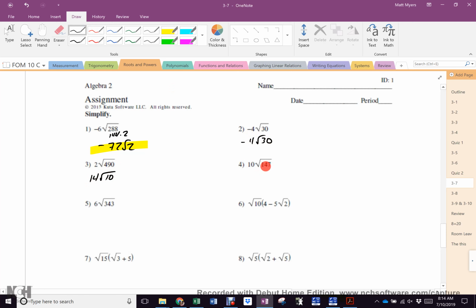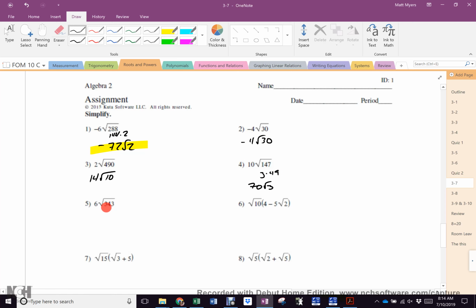That is 147. Does that divide by 3? Yeah, it does. 3 times 49, so that is 70 root 3. 343 can't be done.